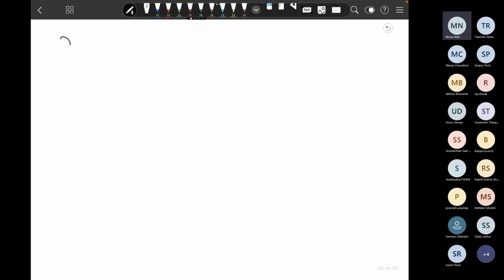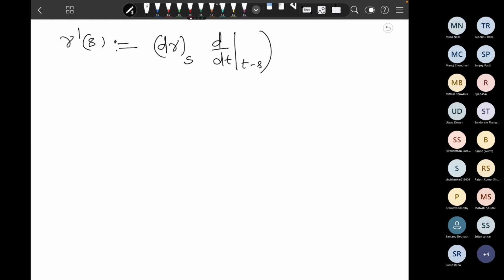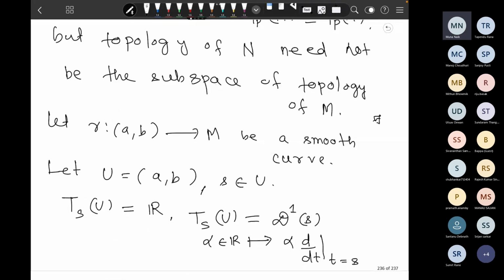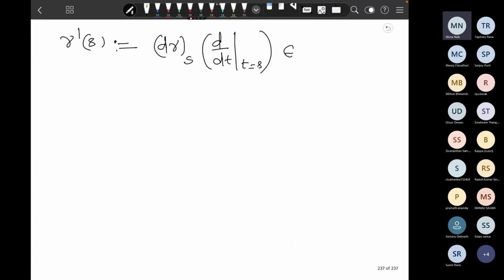Gamma prime(s), by definition, is d gamma_s of d/dt at t equal to s. By definition, this d/dt at t = s belongs to T_s U, and this will go to T_gamma(s) M. Okay, so this is my definition.